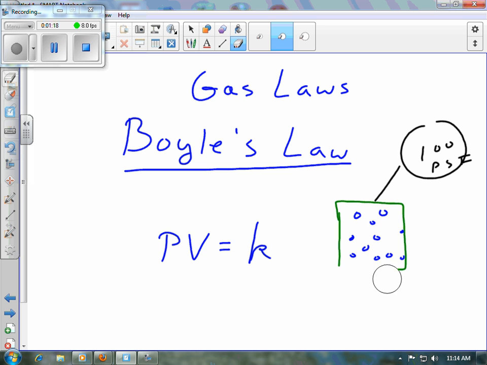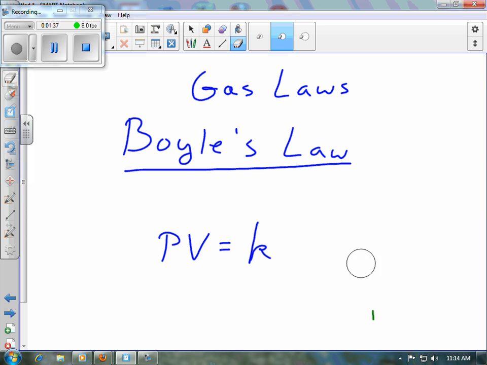If you change the volume of the gas, let's do this example. Let's say you have a piston inside a cylinder. I'm sorry, this drawing's not working very well. Let's redraw this.